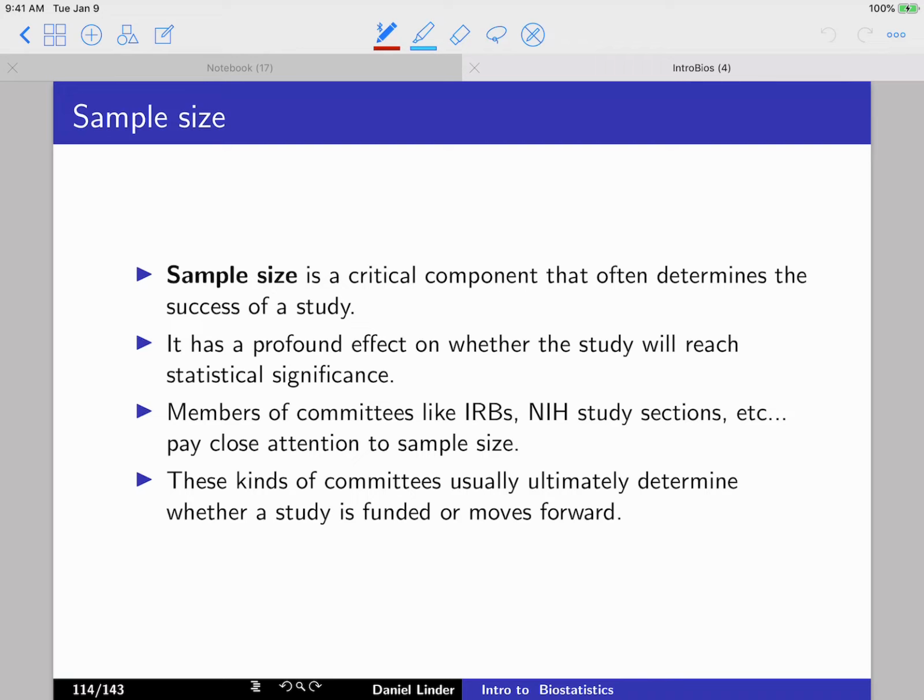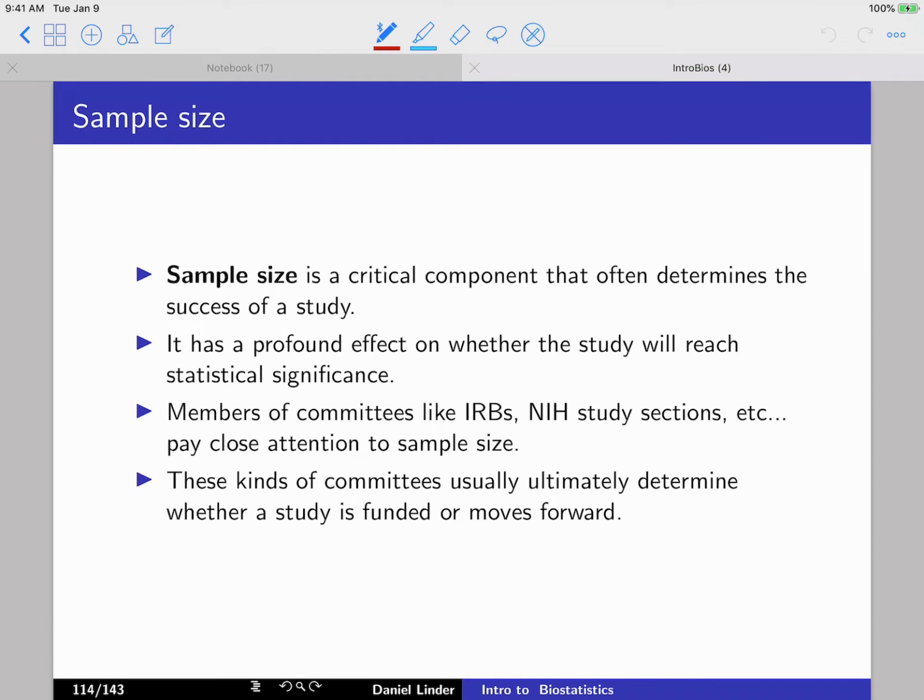So sample size. Sample size is one of the most critical components in order to determine whether or not a study has a chance of being successful. The sample size has a profound effect on whether or not the study is going to reach statistical significance.